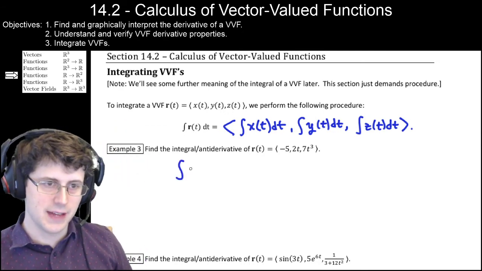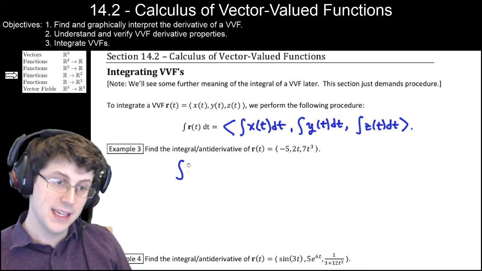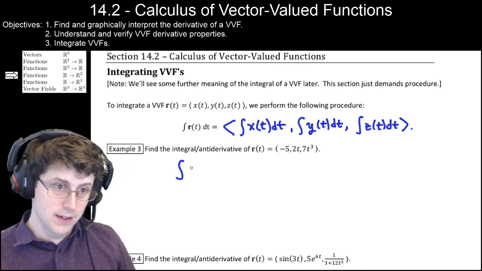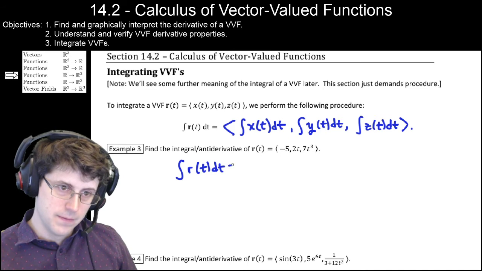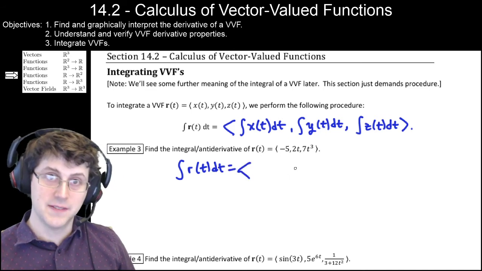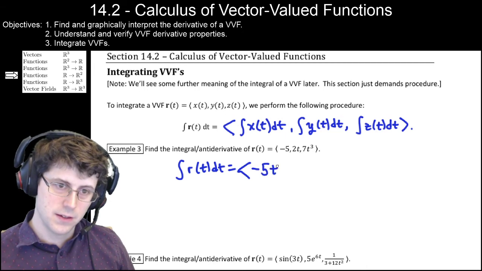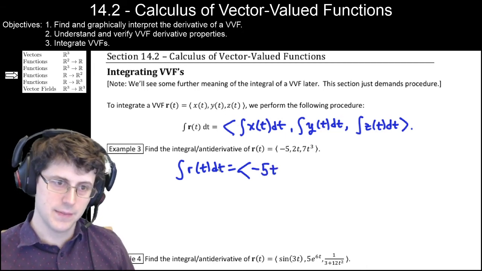The antiderivative, I guess I'm just going to say the indefinite integral of this vector valued function is still a vector, and I'll do the integral of each component times dt.